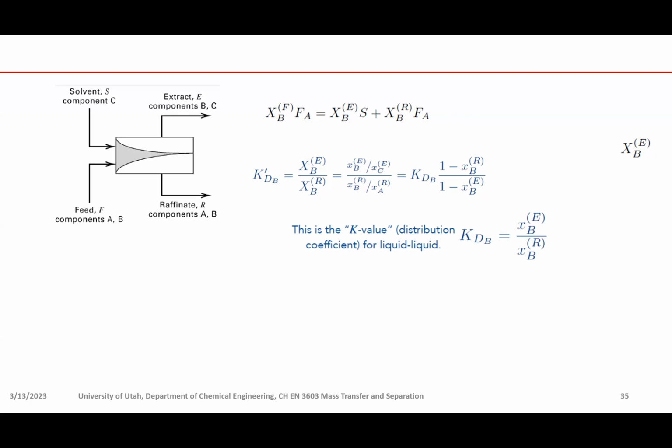Here we have KdB defined. This is the real K value for a liquid stream. It's actually the distribution coefficient for two liquids, the ratio of the molar ratio of B in the extract over the molar ratio of B in the raffinate. So this is only a modified version of the distribution coefficient.